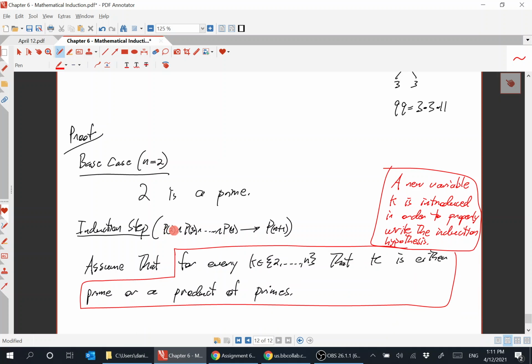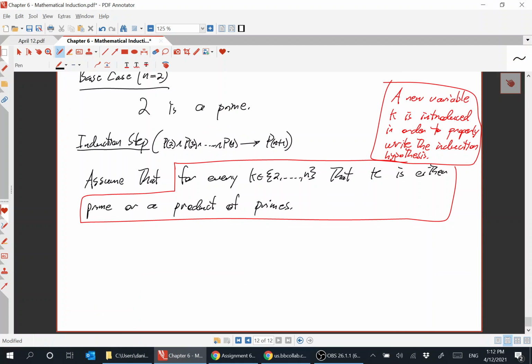So we want to assume that 2 is prime or a product of primes, 3 is prime or a product of primes, 4 is prime or a product of primes, 5 is prime or a product of primes, dot, dot, dot, n minus 1 is prime or a product of primes, and n is prime or a product of primes. So all these numbers from 2 to n, each one is either prime or a product of primes.